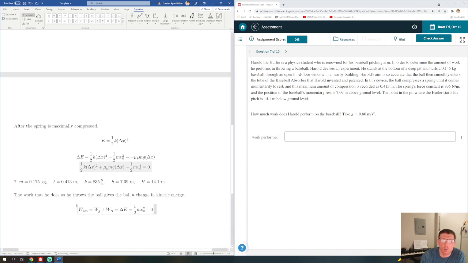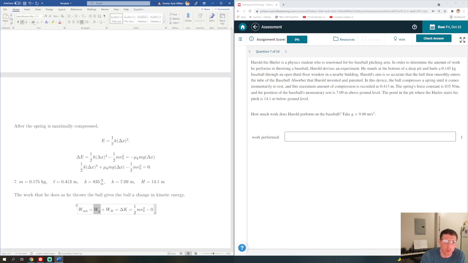Now we just have to neglect the gravity term because we don't have any information to calculate it. We would have to know the change in height of the ball as it is thrown, and we're not told what that is, so we're going to neglect it, even though maybe it feels like we should have it, and I think we kind of should, but whatever.